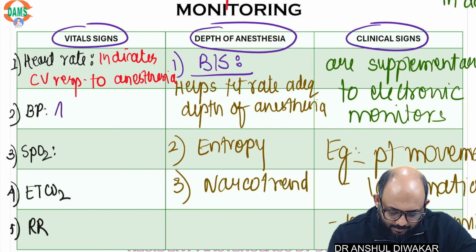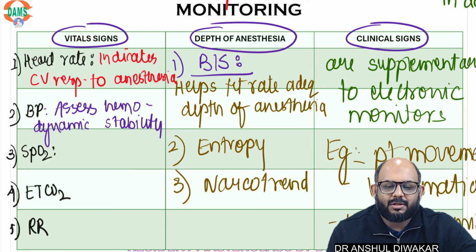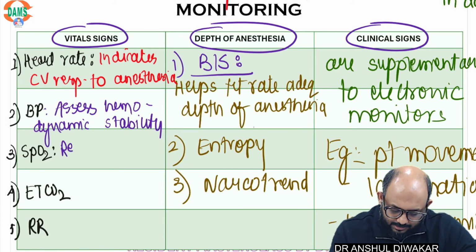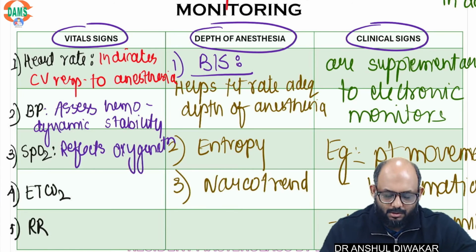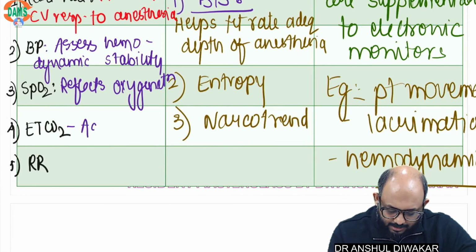BP assesses hemodynamic stability. Pulse oximetry reflects oxygenation, which is very important, especially when you are not using an airway.